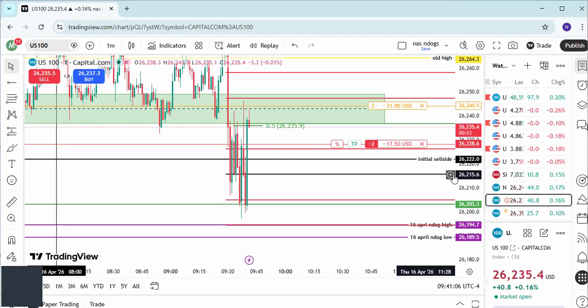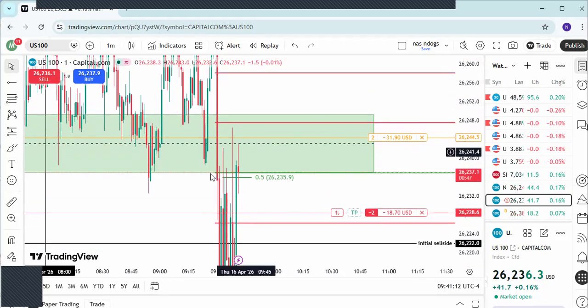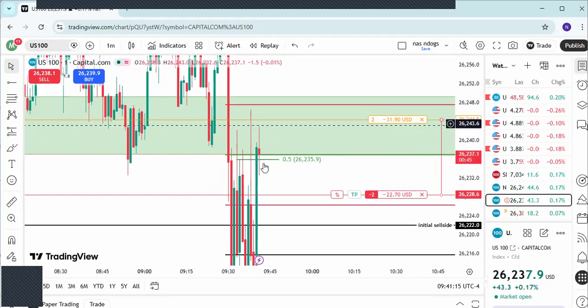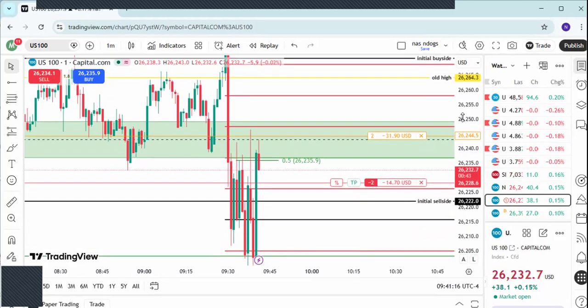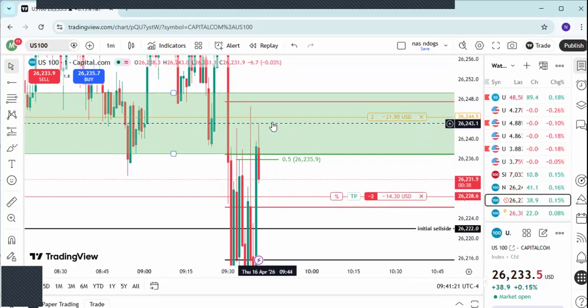Okay, it's coming back once more into this first presented fair value gap. I'd like to have seen it go lower, but let's see what it's gonna do now. It hit, consequently, let me just say 50% of this fair value gap, just to make it easier.